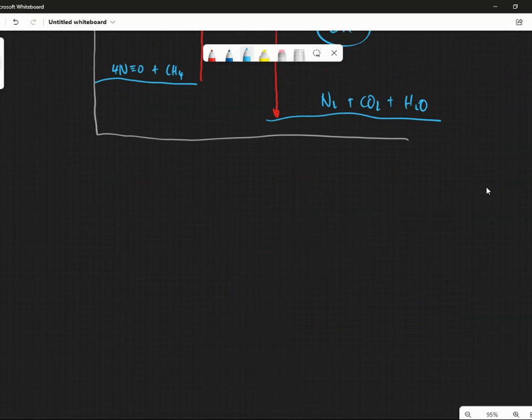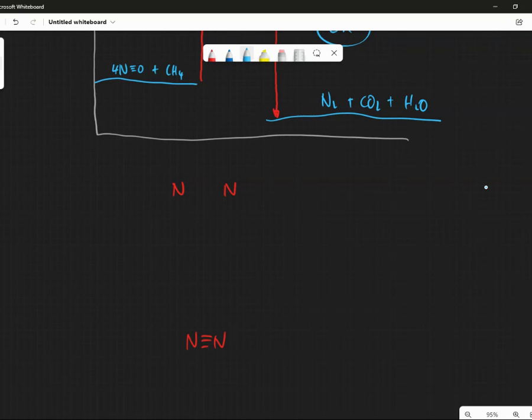A lot of you don't seem to have a grasp of what energetics means. It's not hard, guys. Let's have a look. Let's do this again. You've got to understand it from a simple place. We've got nitrogen atoms there, and a nitrogen molecule down here.